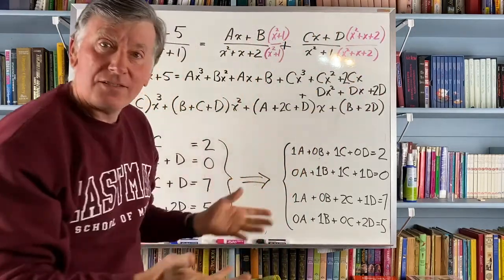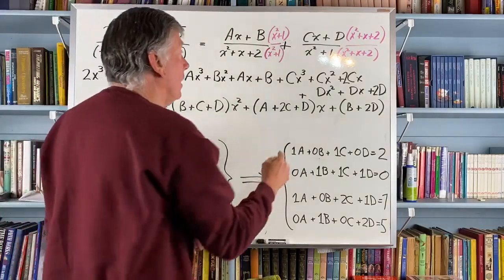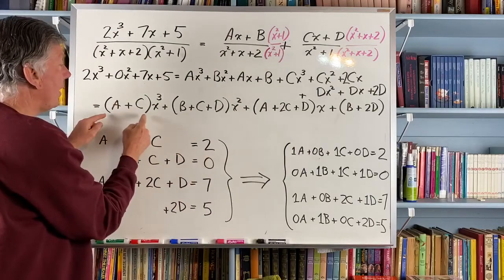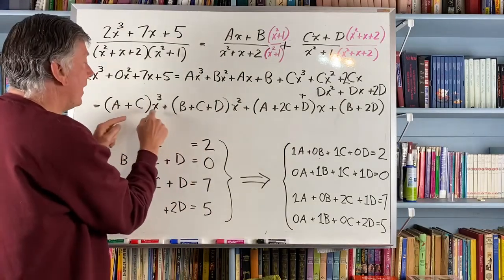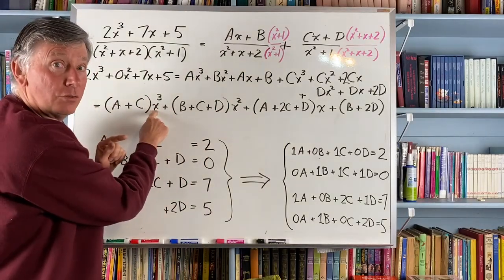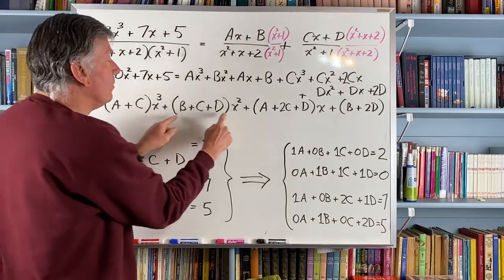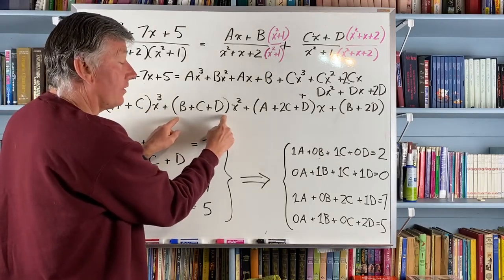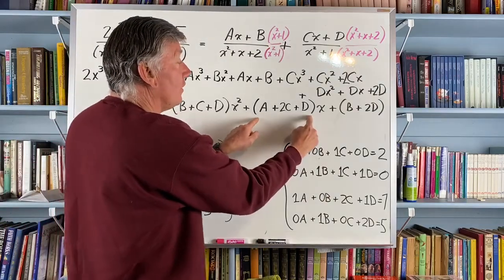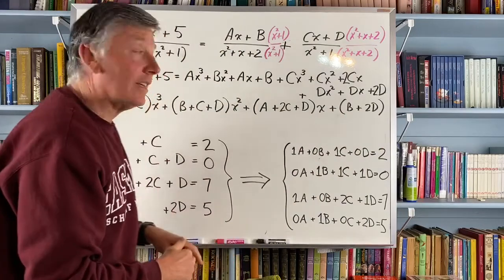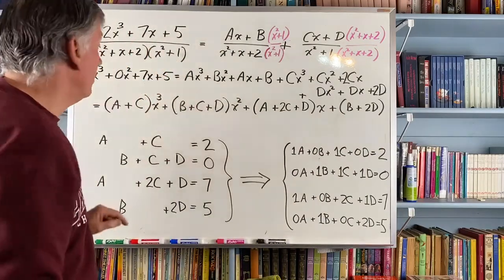I'm going to have 6 terms with that one. And here they all are laid out, and then I have grouped them by how they apply to the power of x. I have a plus c here, b plus c plus d here for x squared, a plus 2c plus d for x, and b plus 2d for the constant.